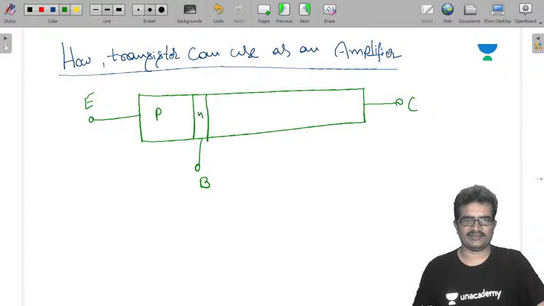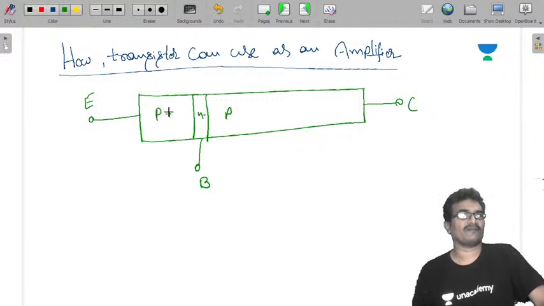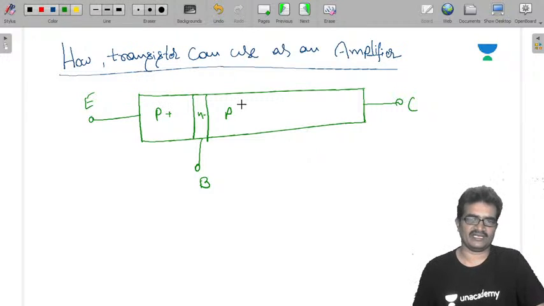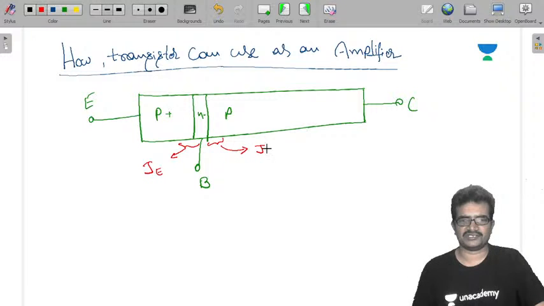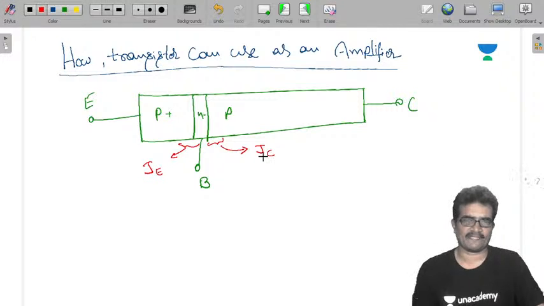Let us take a PNP transistor, P plus, N minus, and P. P plus means it is heavily doped, N minus means it is lightly doped, and the collector is moderately doped. So here we have one junction called the emitter junction, and the junction between base and collector is called the collector junction.